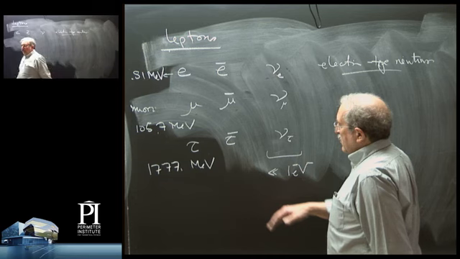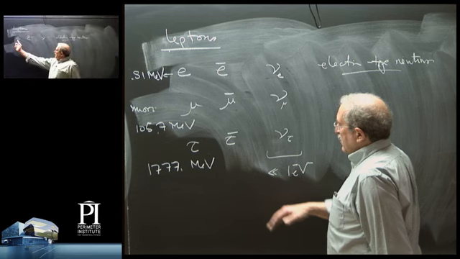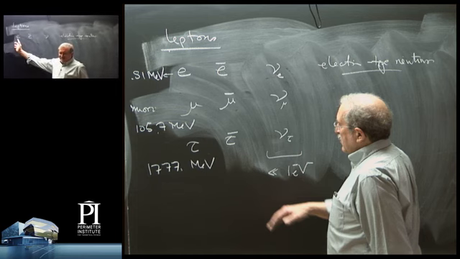The neutrino is a massless particle. The neutrinos are not massless, but let me... I'm going too fast. The neutrino is a neutral particle. It is associated with the left-handed electron.